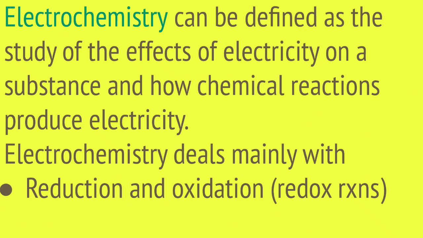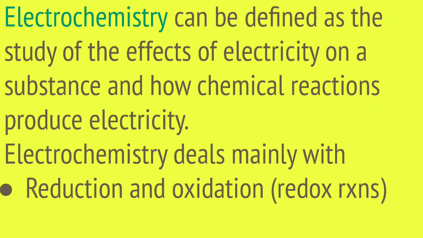What happens when you pass electricity on a substance? It can be a compound, it can be an element, and so on. Then we shall also look at the chemical reactions that are produced by electricity. How chemical reactions are produced by electricity, and we shall also go into details about such chemical reactions.